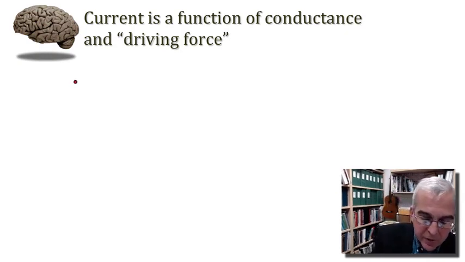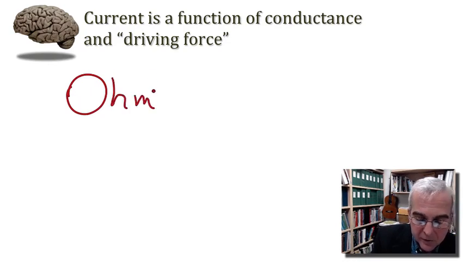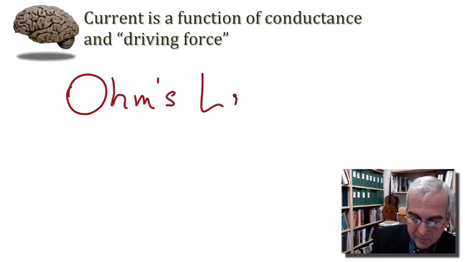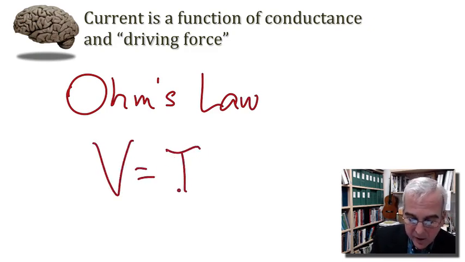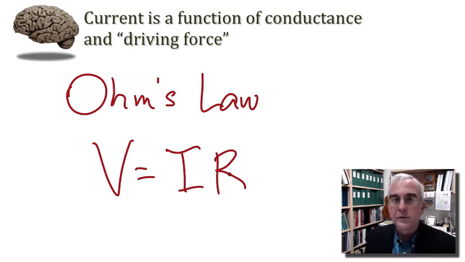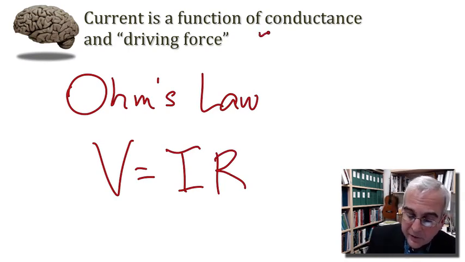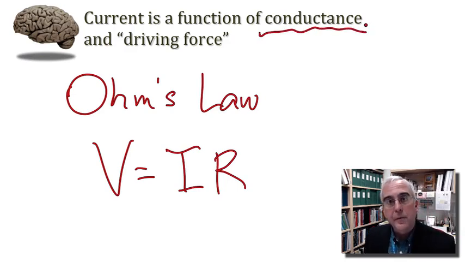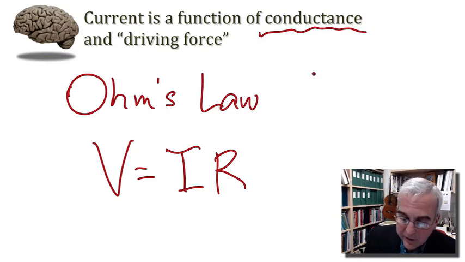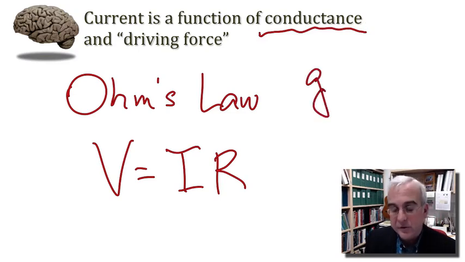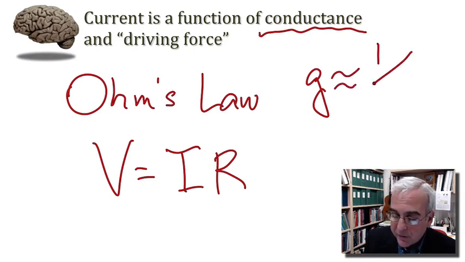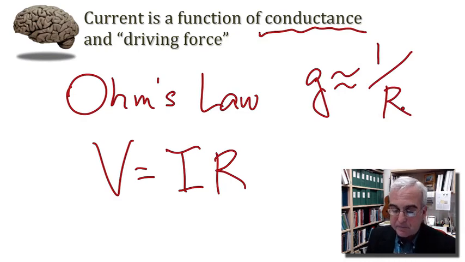Now, we're familiar with Ohm's law from our study of physics, right? And so Ohm's law is V equals IR, or voltage equals current times resistance. Well, this concept of conductance, while it has more of a formal expression, for our purposes, we can represent conductance by the lowercase letter g and simply state that it's comparable to the inverse of resistance.